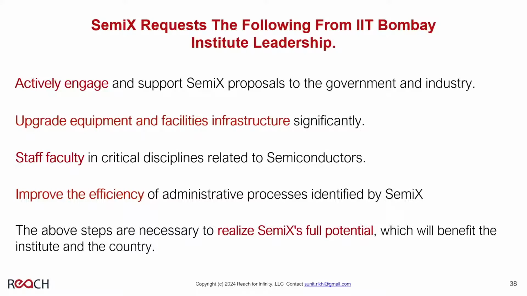And then, of course, there are some administrative processes that SemiX can identify, which institute leadership can very efficiently and quickly put processes in place that ease the way and improve the speed with which we go through those procedures.